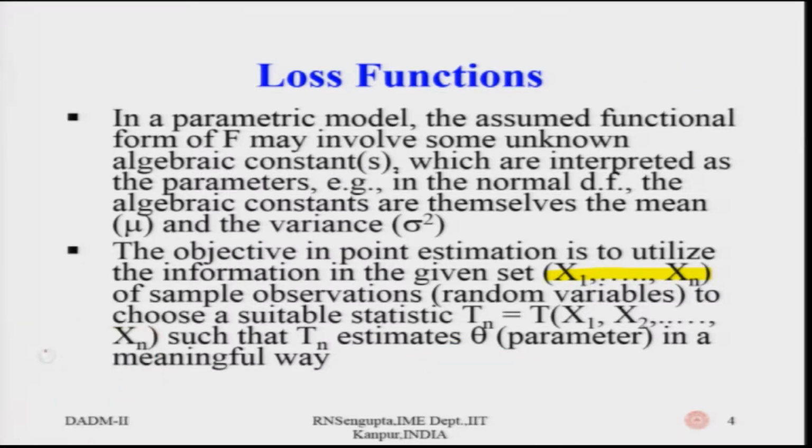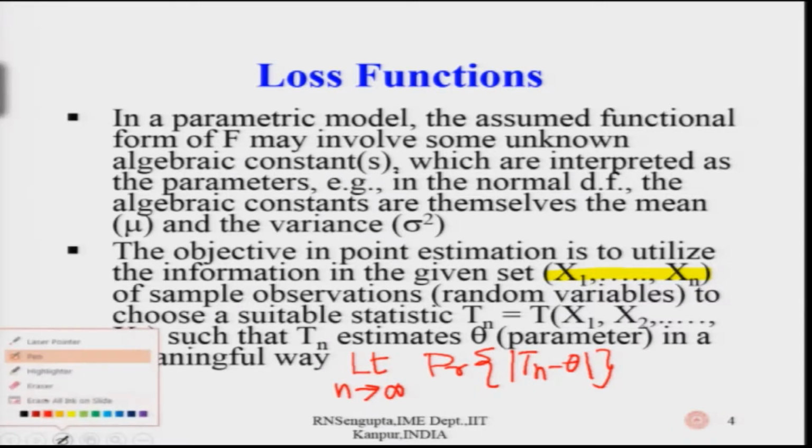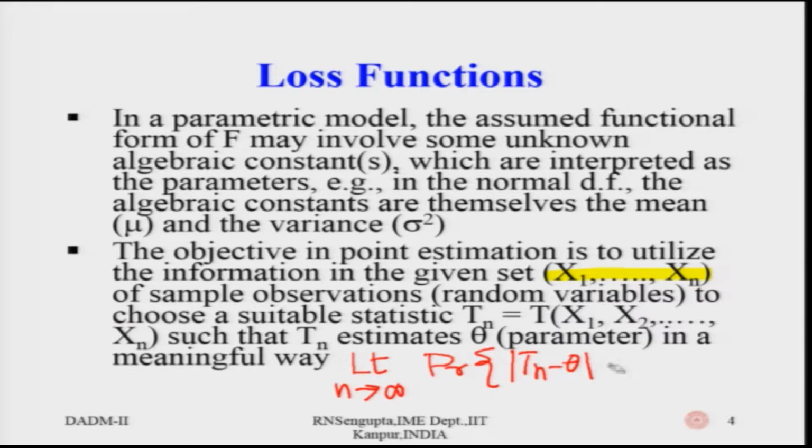Then we have consistency, which means the limit as n, the sample size, goes to infinity, of the probability of the absolute difference of Tn minus theta being less than or equal to some epsilon, where epsilon is a very small value, tends to 1.